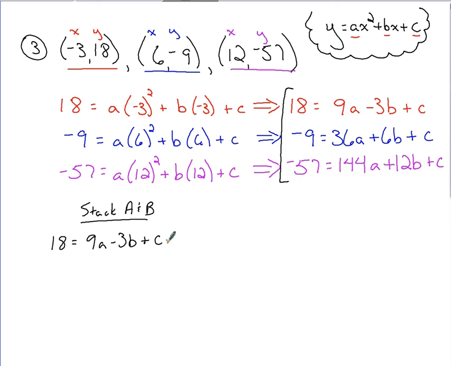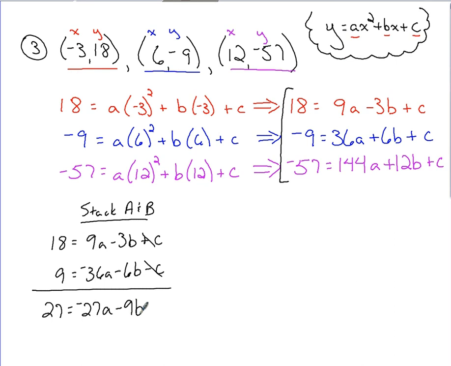And if I know the c's are going to cancel out here easily, let's go ahead and adjust the signs for the second equation. Let's make this 9 equals -36a minus 6b minus c. So I've already multiplied that second equation by -1. Allows us to go through, cancel out those c's, meaning you've got 27 equals -27a minus 9b.